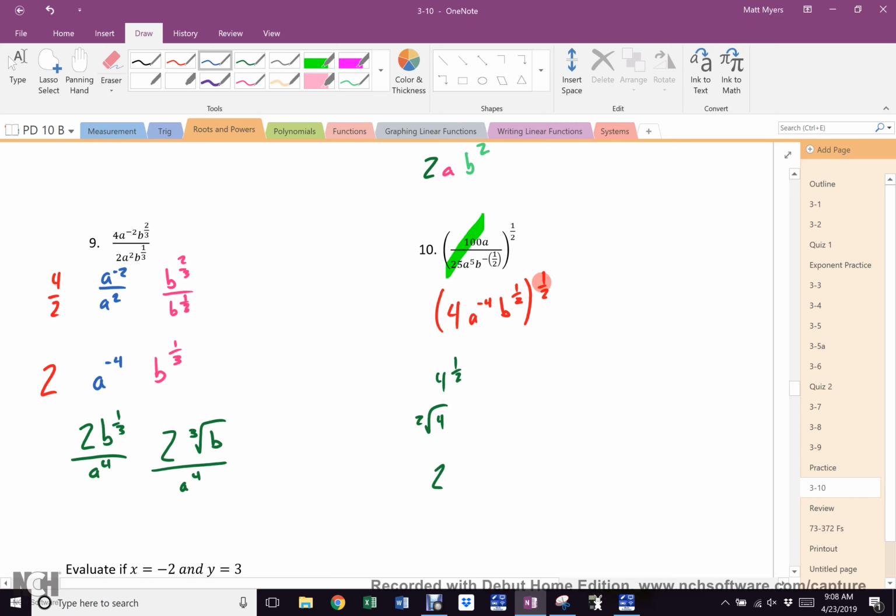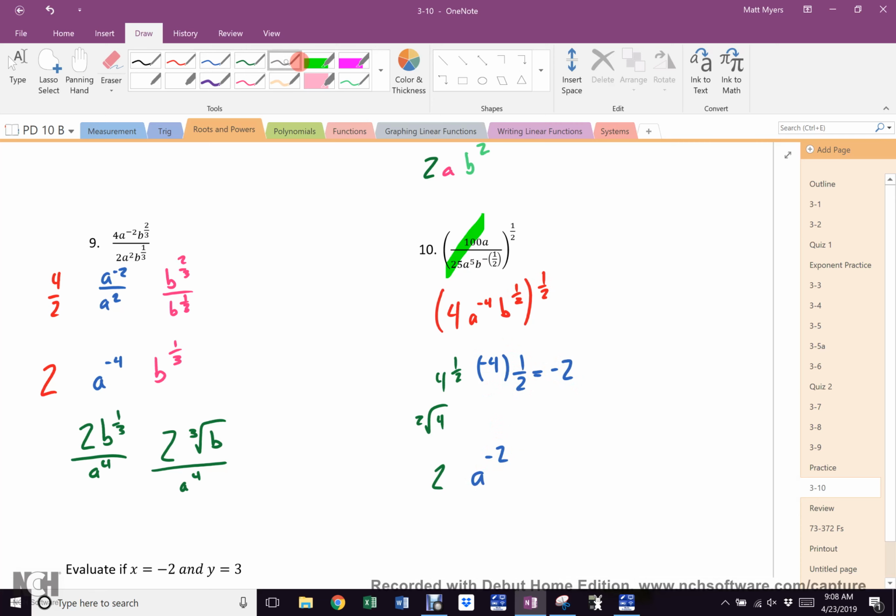No. Multiply. What is negative 4 times 1/2? No, Priya. What's half of 4? So it is a to the negative 2, because negative 4 times 1/2 is negative 2.